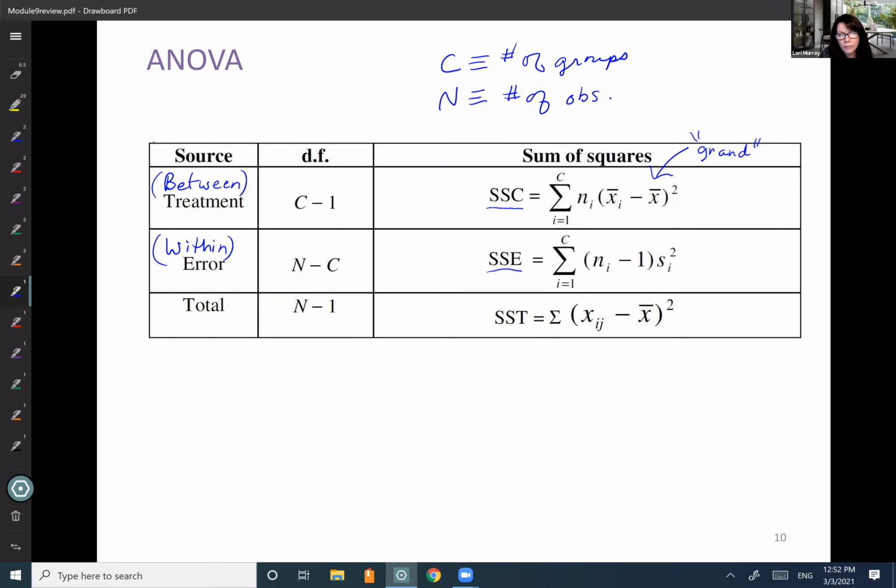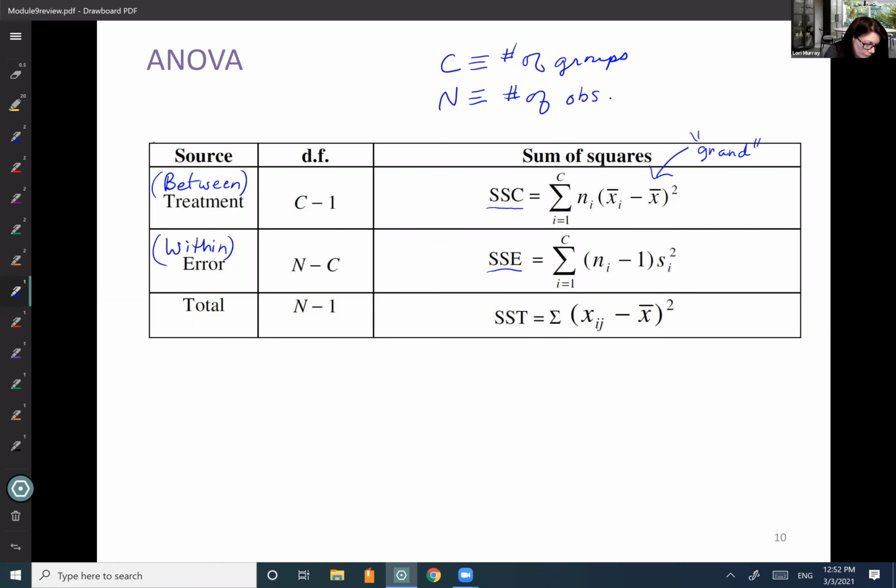And then we can also calculate the within, or the error, SSE. E stands for error. And we have the sum from i equals 1 to C of the size of each group minus 1, right? So think of Africa, where we had 52 countries, subtract 1, multiplied by the standard deviation squared, which is the sample variance.